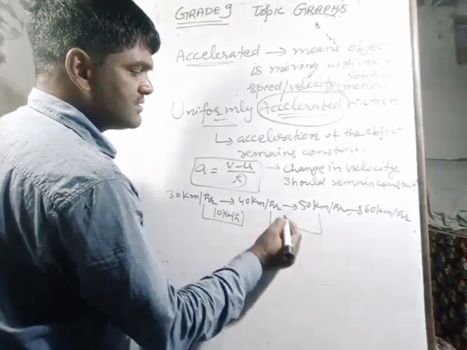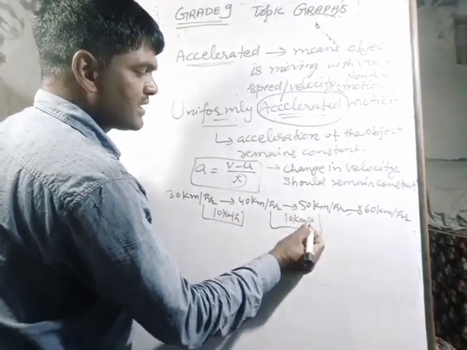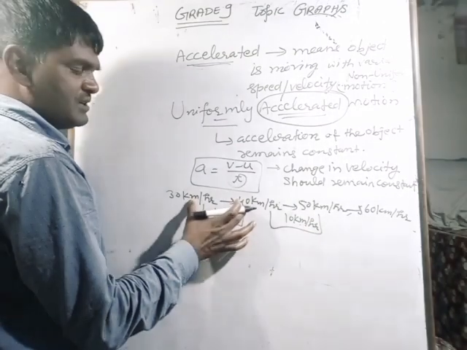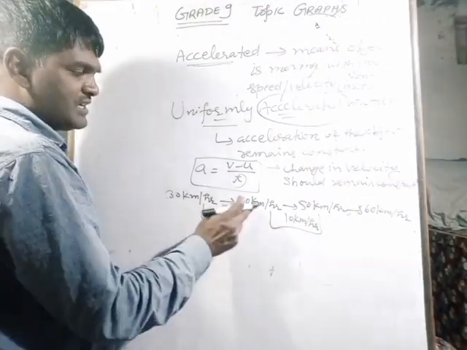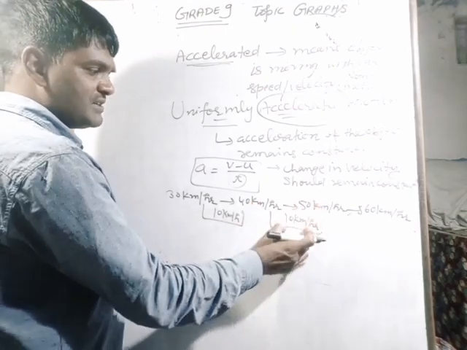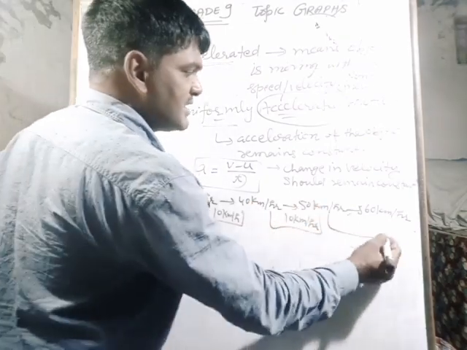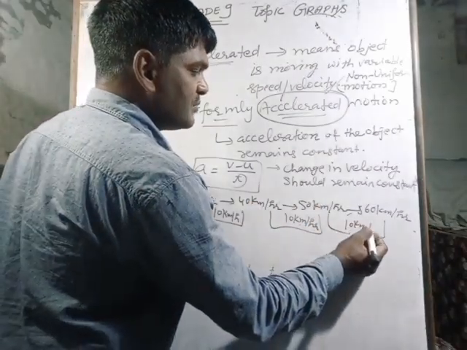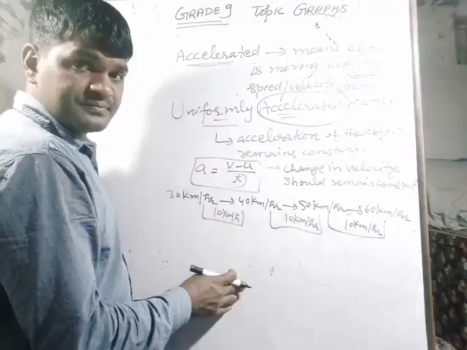Each interval is of 10 km per hour, that is the difference between these two values. If it is initial, it is final, the difference is 10 km per hour. Similarly, the difference will be 10 km per hour here.